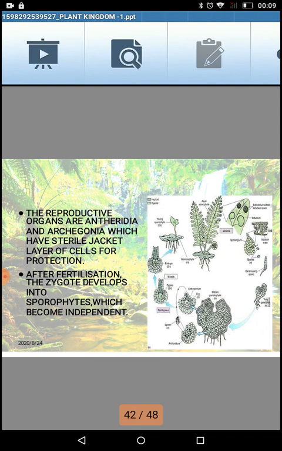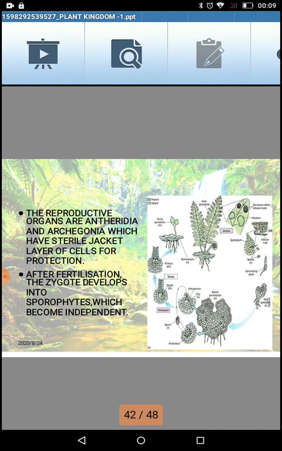You can see the germinating spores, and these germinating spores will gradually lead to a heart-shaped structure, which is the gametophyte. This is called prothallus. Now inside this heart-shaped structure, towards the upper side you can get the formation of archegonium, and towards the lower side you can get the formation of antheridium.